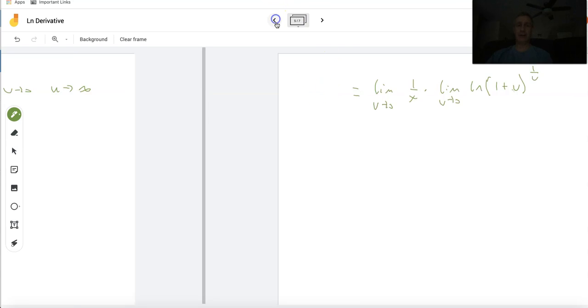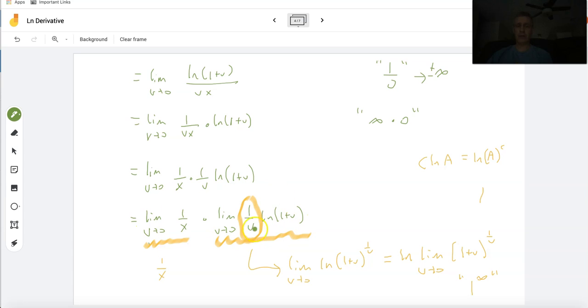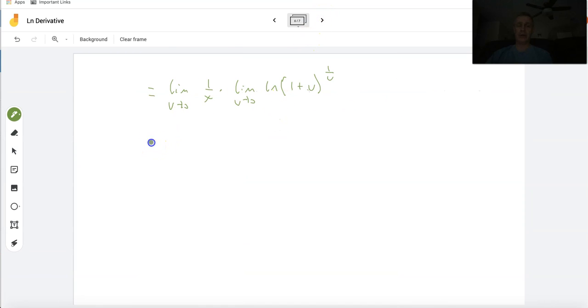That's what we had right over here before I started to examine what this limit was specifically. And again, we said that this limit here is just equal to 1 over x because x stays put as v approaches 0.